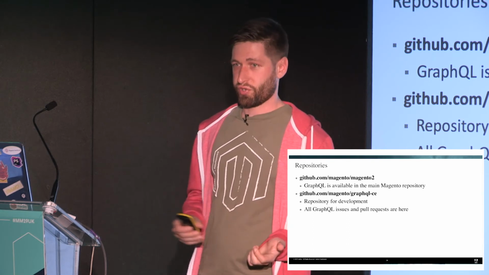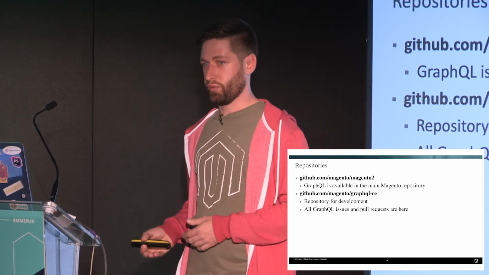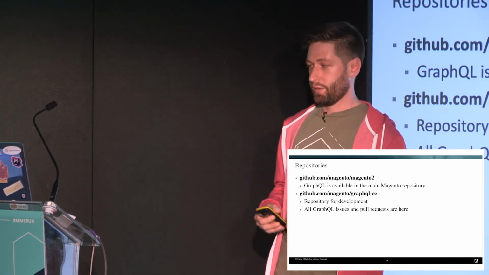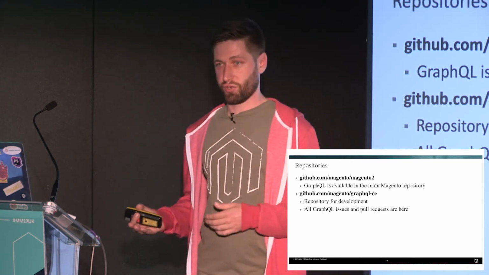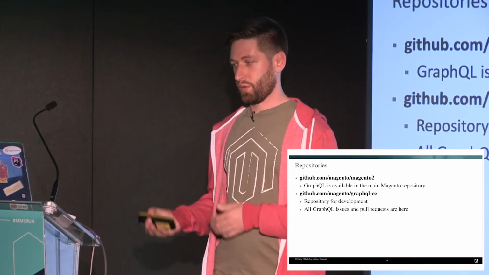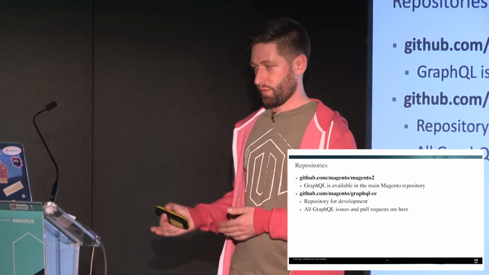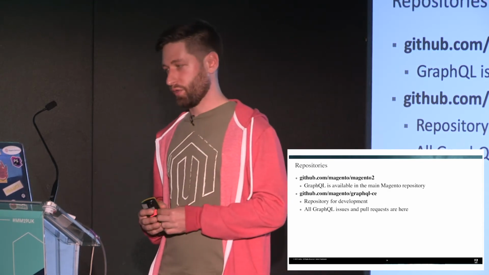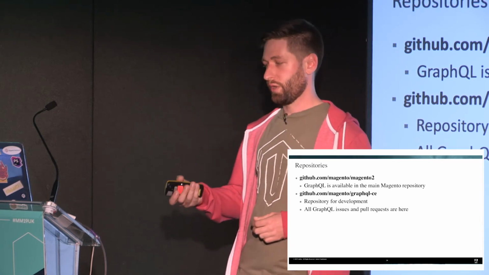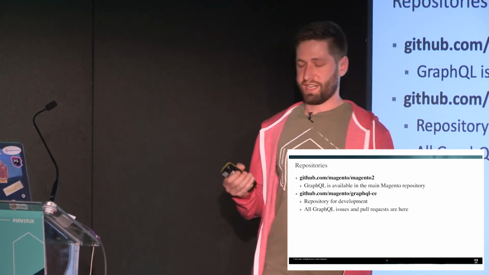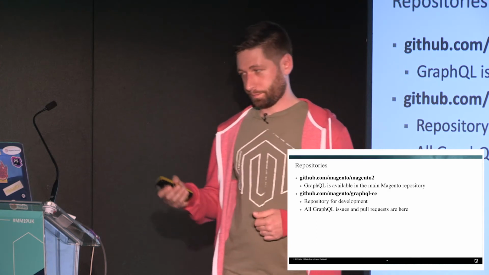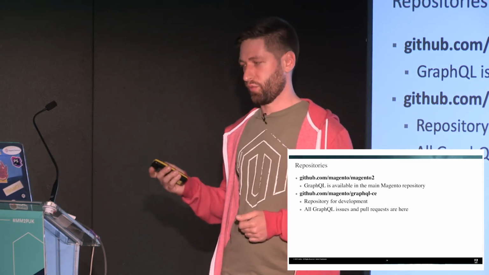That's a repository to aggregate all the issues, all the pull requests, and you can watch the progress in the Magento GraphQL CE repository. And you can contribute, create issues, or create pull requests there. There is also a wiki with the documentation on GraphQL that's available from that repository.